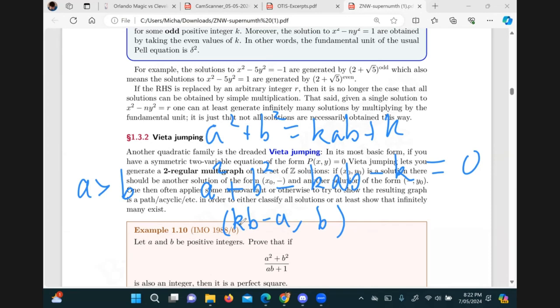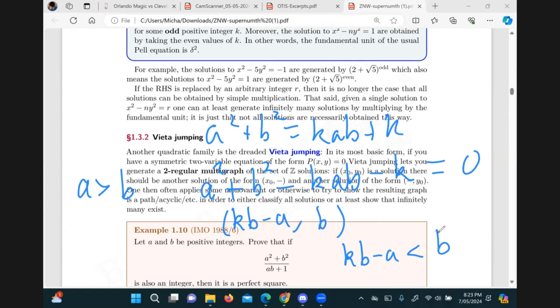That's smaller, but the previous one was a minimal solution. So in what case would that not work? Would this be bigger? It would either have to be bigger, or be negative, or just not be an integer. So can we check that KB minus A is less than B? If it was more than B, we might not have made any progress.